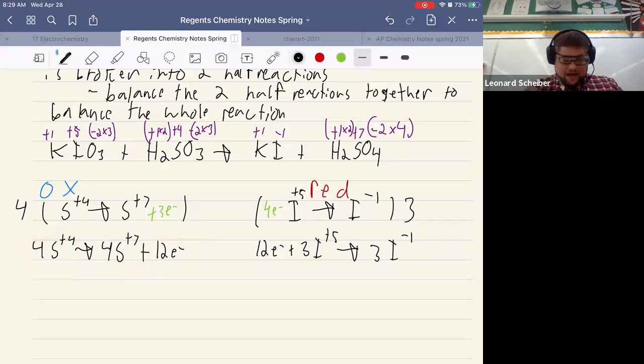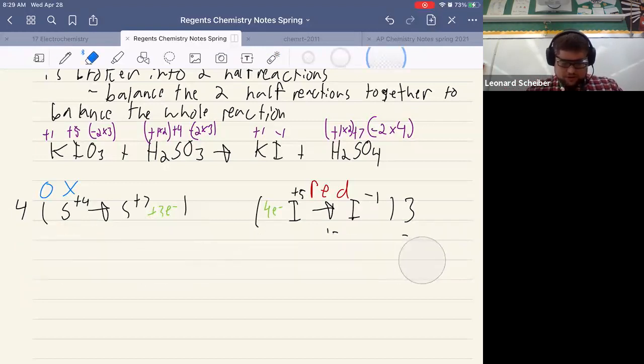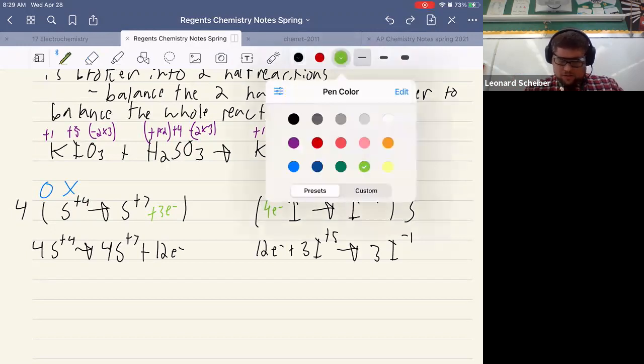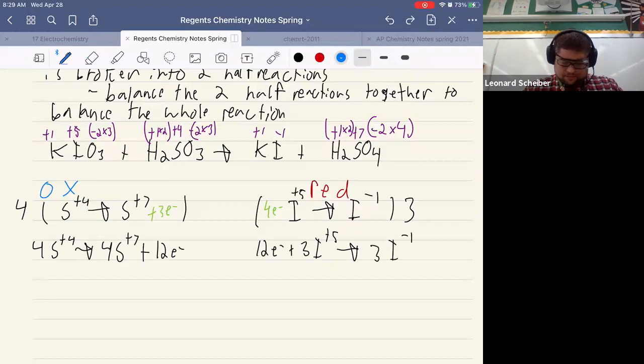So there should be a 4 here, and then we also need 4 here.